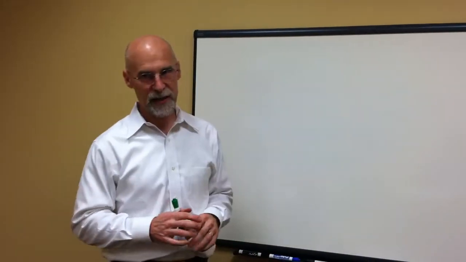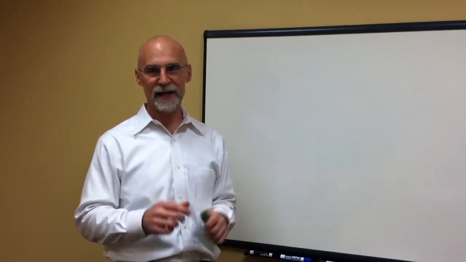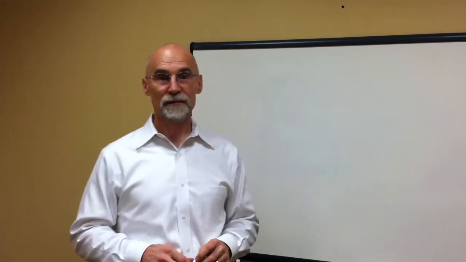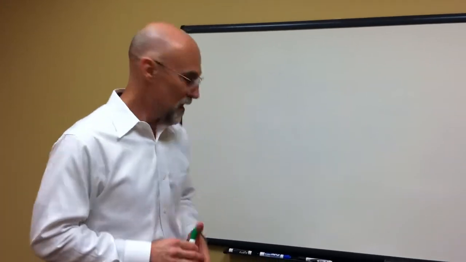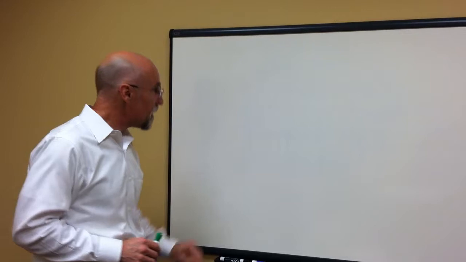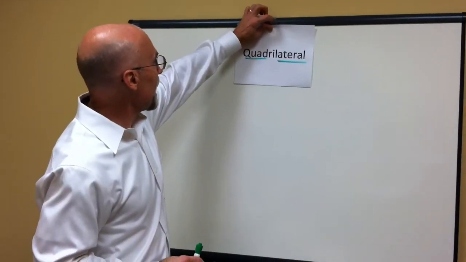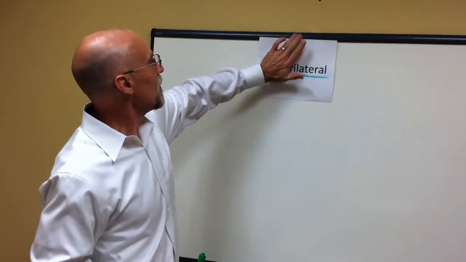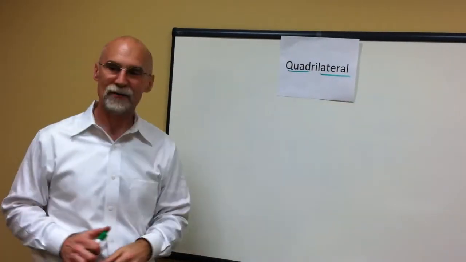We're going to be learning some specific things about some shapes today that help you understand how to define them and to distinguish between them. A few things about all quadrilaterals, which is what we'll be discussing today. And the word quadrilateral gives you an idea of something about it already. Quad meaning four, lateral meaning side.